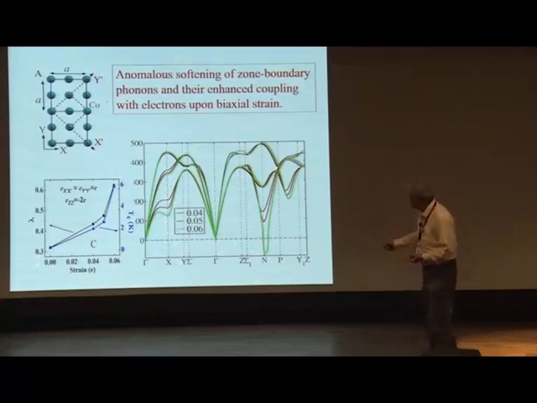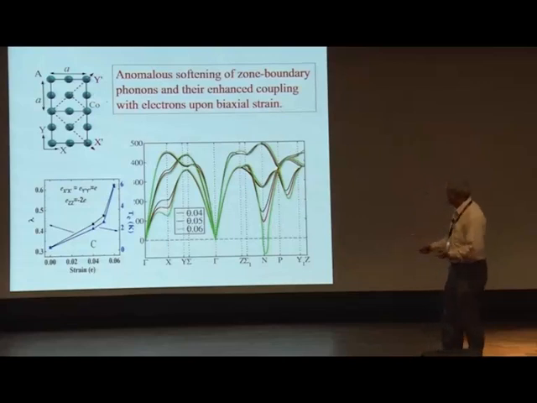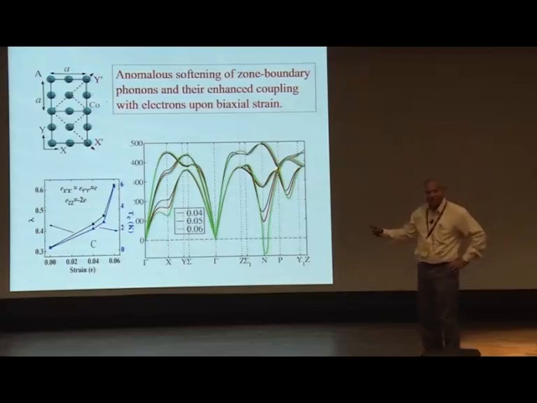The electron-phonon coupling as a function of strain is shown by this black curve, and the estimated TC also shows here. Beyond this point, it goes up almost non-linearly. So the phonon softening and this biaxial strain explain the enhancement of the TC.